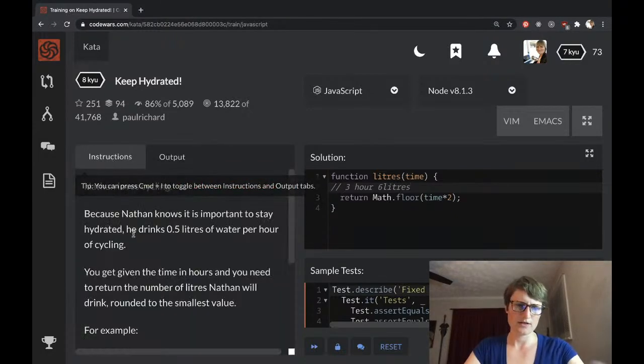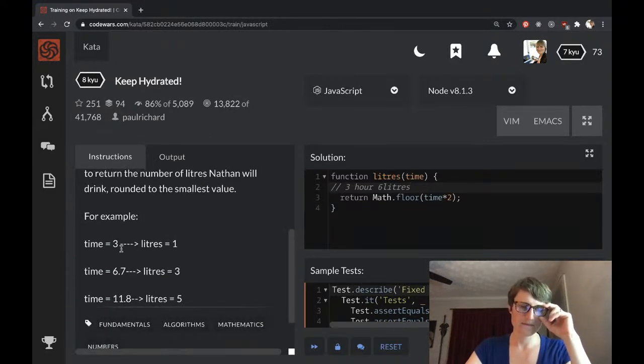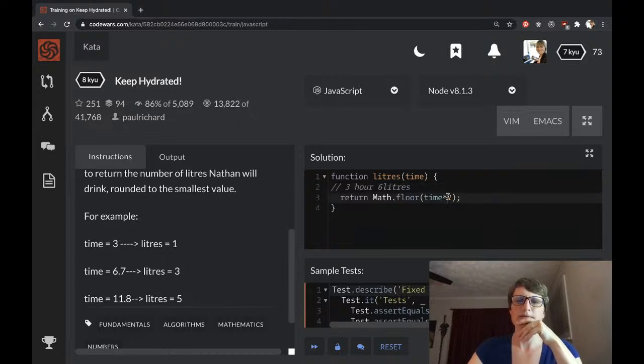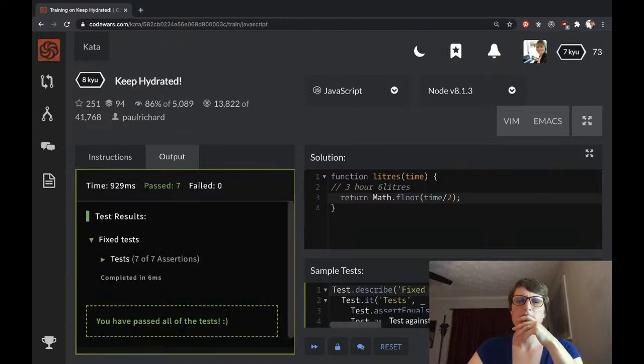And in this instructions, we've got, oh, no, it's half. So I'm doing it the other way around. Shouldn't that be 6 liters though? Why is this half? Huh. Well, let's give that a try. Am I not understanding the thing right?